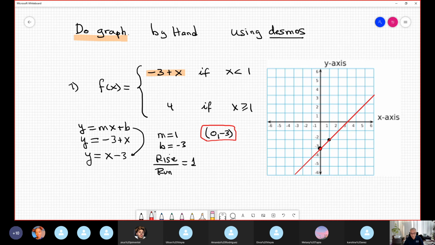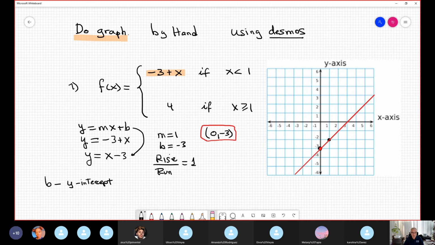The b represents always the y-intercept. The y-intercept is the point where the line crosses the y-axis, and at that point x is 0. So (0, b), but b in our specific example is -3. I plot that.